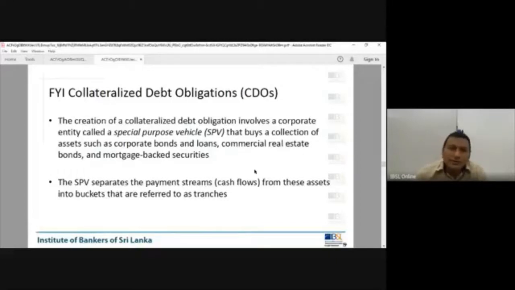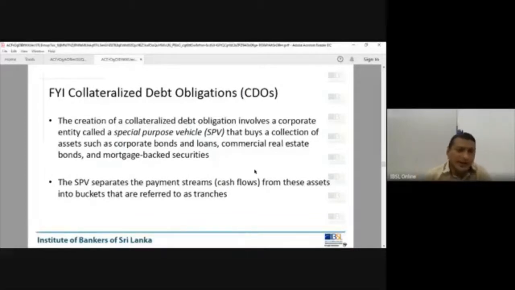So all these commercial real estate bonds and mortgage-backed securities are pooled into an SPV. That's why I said mortgage-backed securities that they created for subprime, Alt-A, Alt-B, different credit classes, okay, are pooled into the SPV. So the SPV is a specially created vehicle for the CDO.